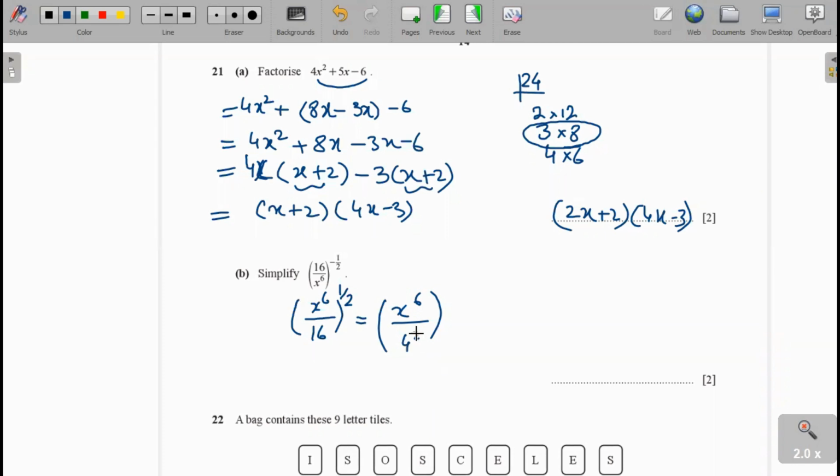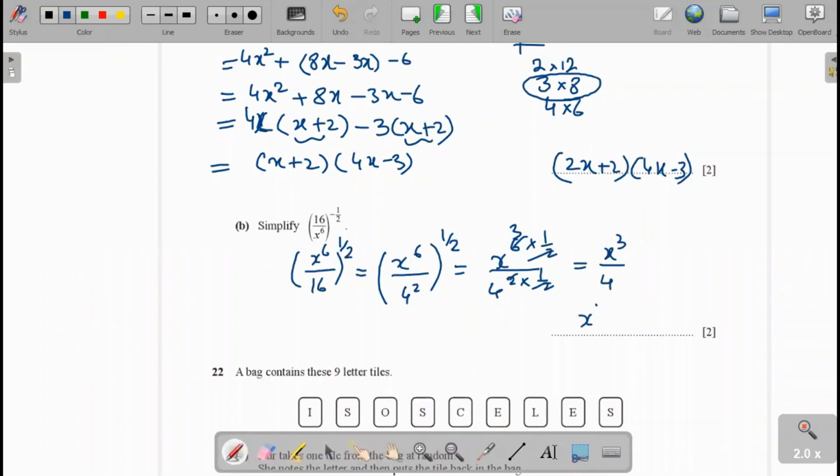Therefore we write it 4 squared and power 1 over 2. Now x power 6 times 1 over 2, and this index also multiplies the 4. 2 times 1 over 2, we get x power 3 over 4. This is the answer: x cubed over 4.